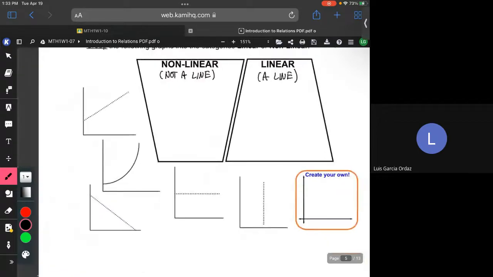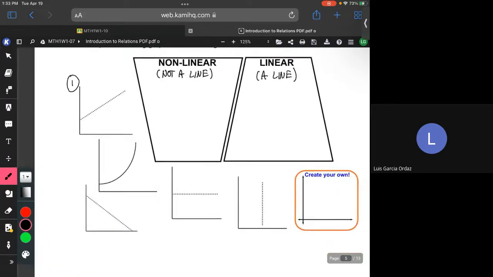So I'm going to label these graphs 1, 2, 3, 4, 5. Which one of these is a nonlinear relation? What would not be considered a line? Yazin. Number 2.